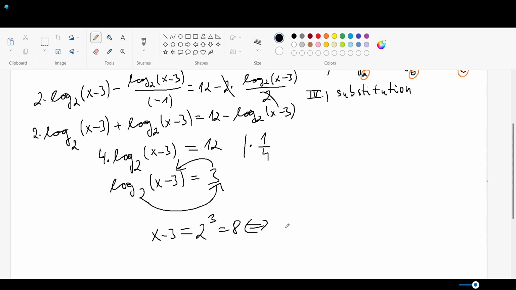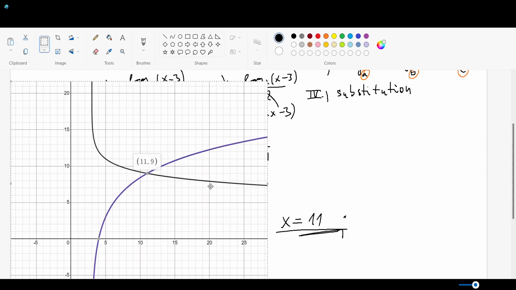So this is if and only if x is equal to 11, because we add 3 to both sides, and then this is our solution. Let me check with the graphical representation of these two equations, and as you can see, really the solution is if and only if x is equal to 11.